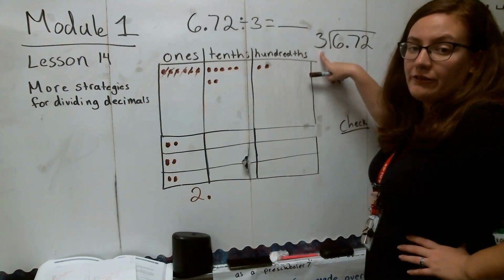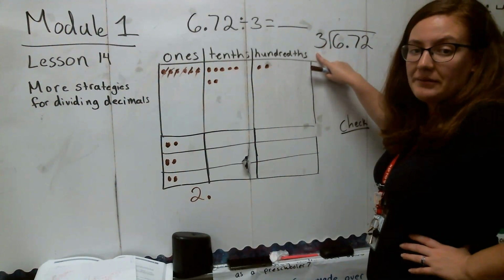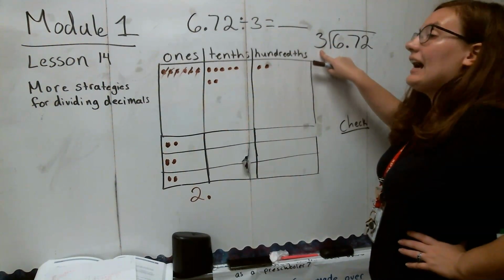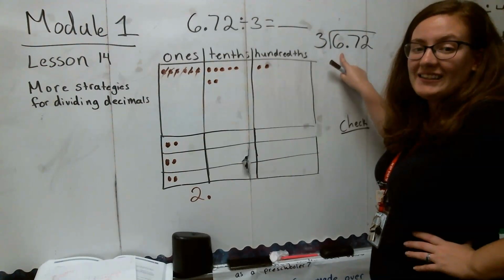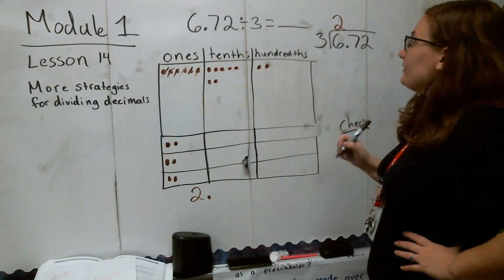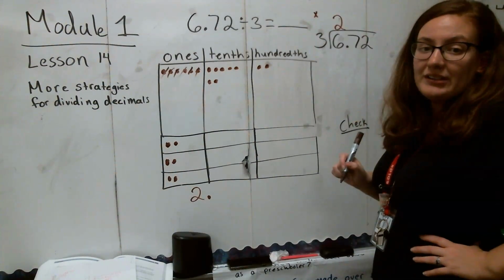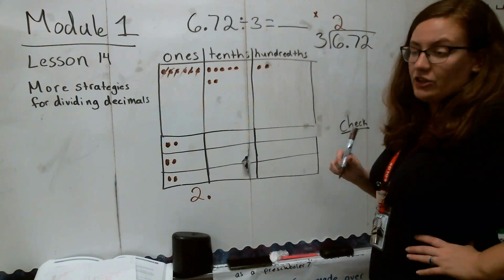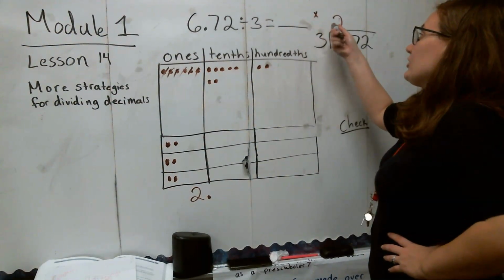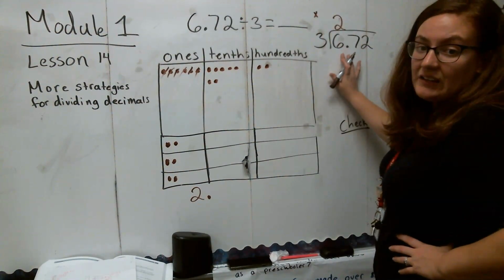So I start off with my 3, and I think about how many times can 3 go into 6? Well, 3 times 2 is 6. So I will put a 2 up here, and remember that we need to multiply. That's one of our steps in division for a standard algorithm. So then I do 3 times 2, and then I put that answer right here.